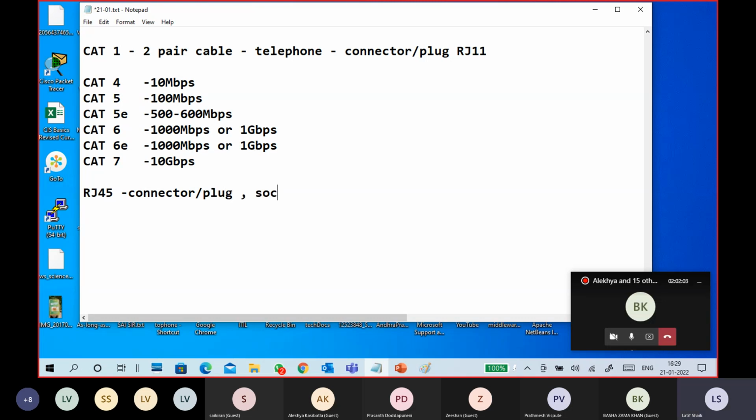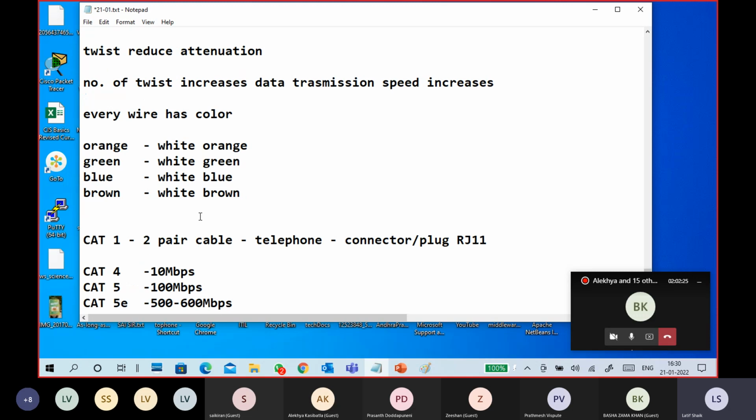Socket is also the same. We use an RJ45 socket and an RJ45 connector or plug. So why RJ, and what is RJ? RJ is registered jack. Don't forget, RJ means registered jack.